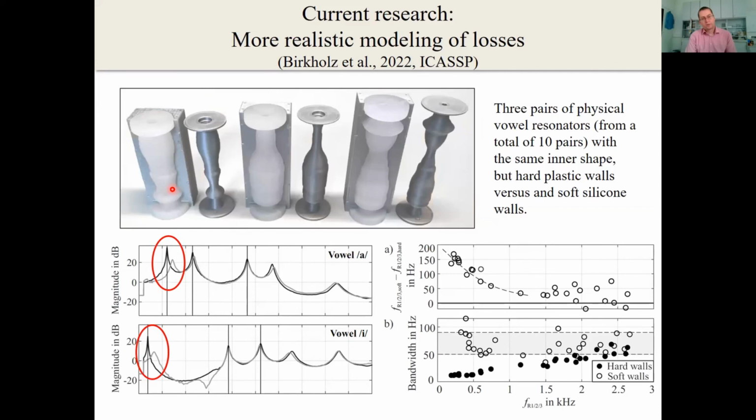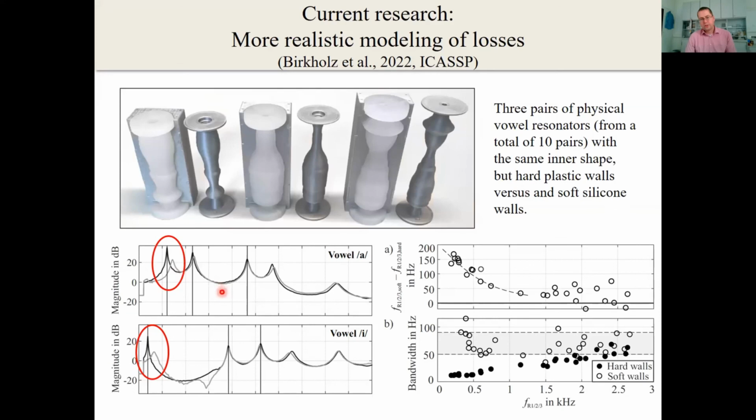And we have this method to accurately measure their transfer functions. And we can see the gray curves are the silicone models here, and the black curves are the hard-walled models, that the soft walls shift the first resonance toward a higher frequency, and at the same time significantly increase the bandwidth. So this means we have stronger losses.